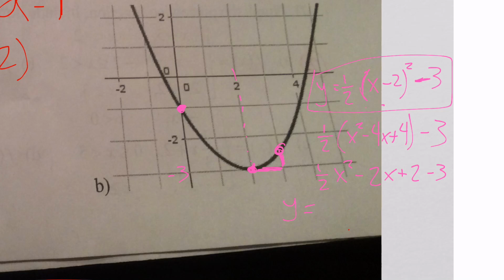So my final standard form equation would be y equals 1/2 x squared minus 2x plus 2 minus 3 is minus 1. And I know it's minus 1 because that represents my y-intercept right there. Okay, so there's vertex form, there's standard form. Now all we need is factored form.